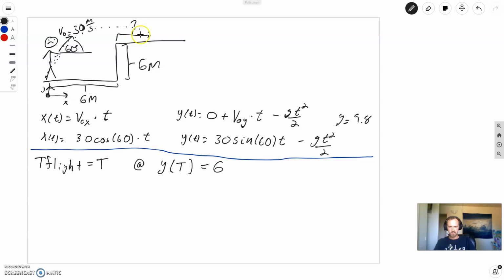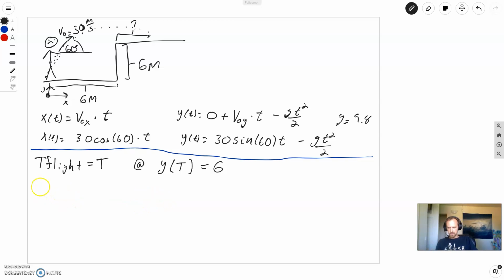On the way up, and then on the way down. So at the end of the day, we'll probably get 2 answers for a time, and we're going to want the greater one. So let's plug in this condition, all right? And the idea is we'll solve for the time, and then plug that information into our x and that'll give us where this pizza is at that time when it stops flying.